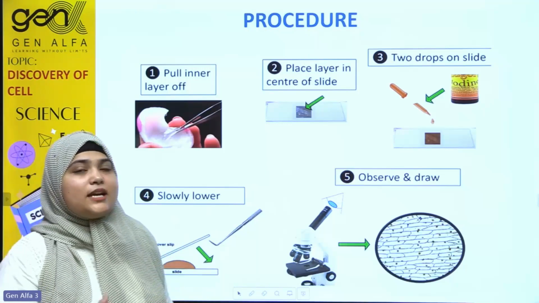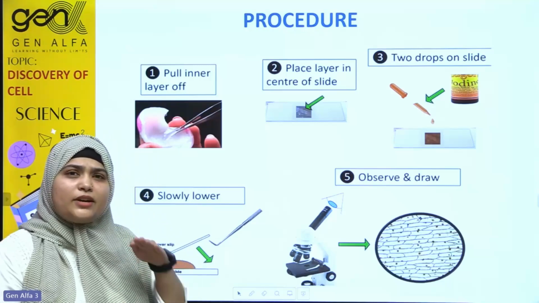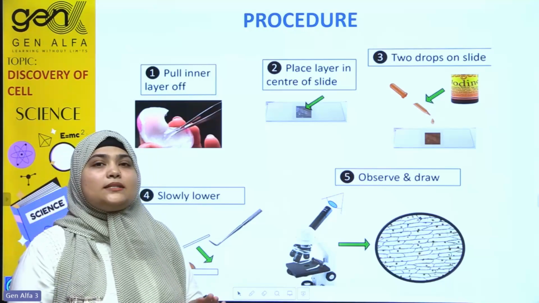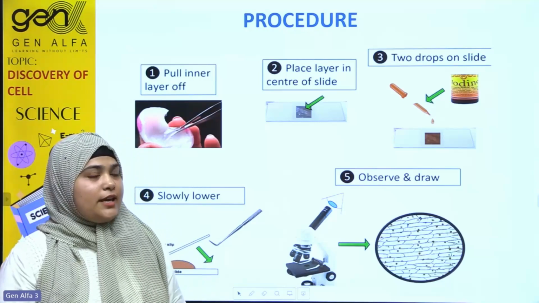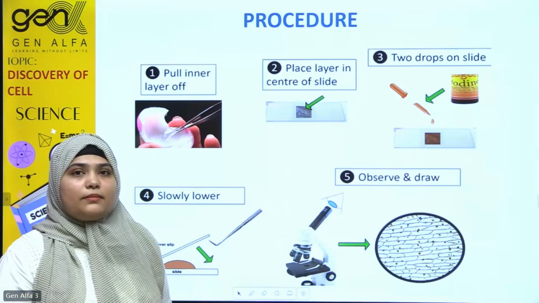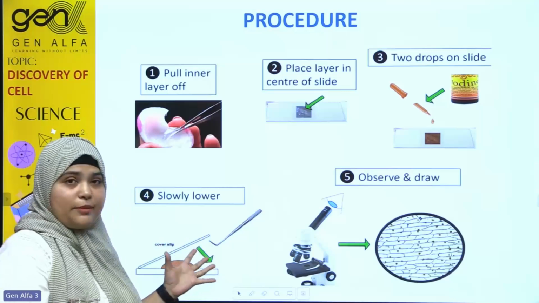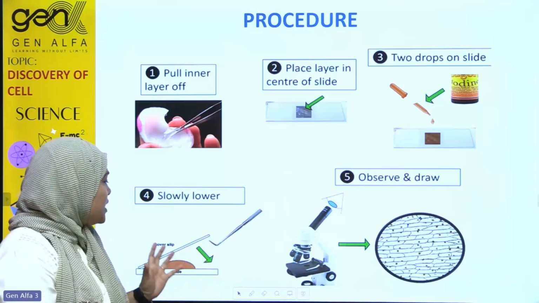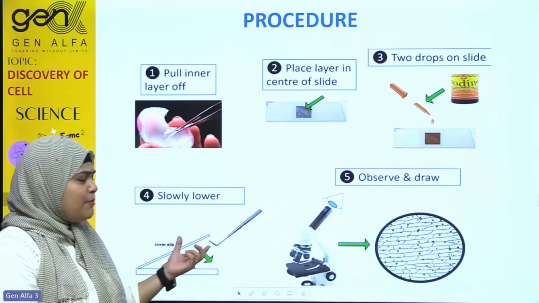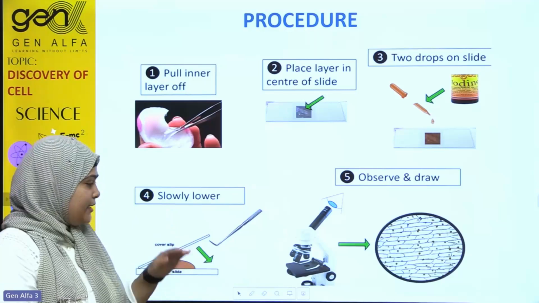While placing the cover slip, make sure that it is placed gently. Otherwise, air bubbles will appear when you look under the microscope. So this is one of the most important steps. With the help of a needle, you can place it gently.